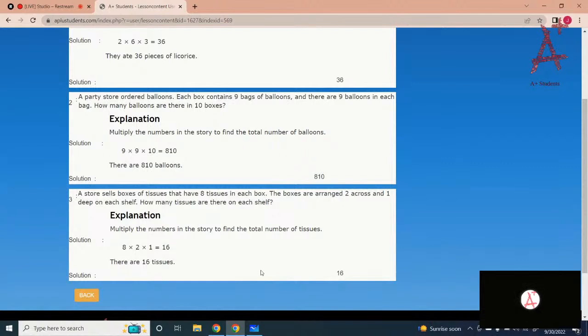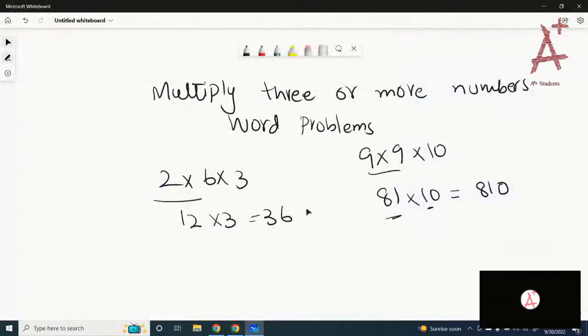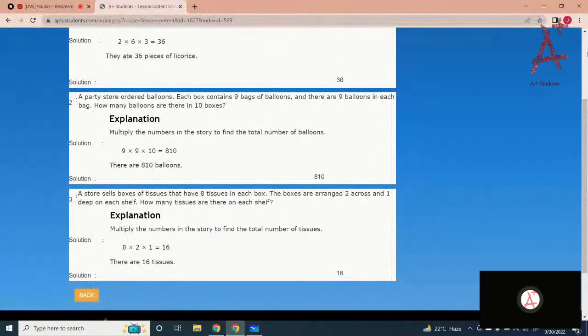So 8 times 2 is 16, and 16 times 1 is 16. Got it? Okay, on the top right corner, you have a test button. Let's just start with test.